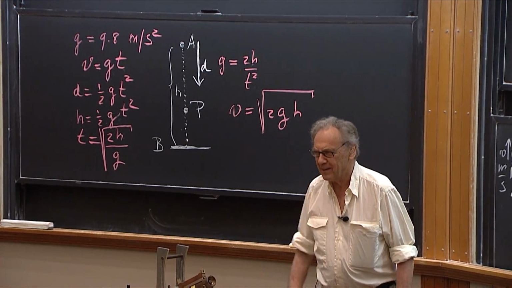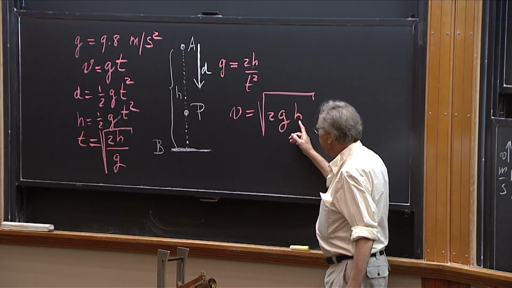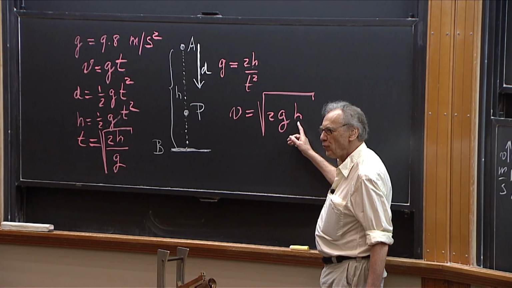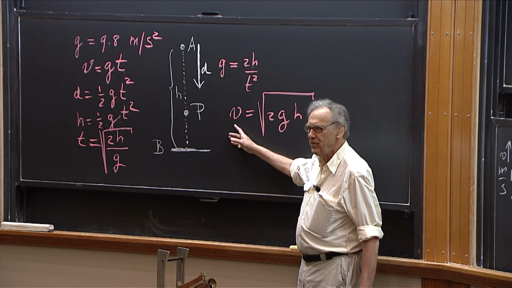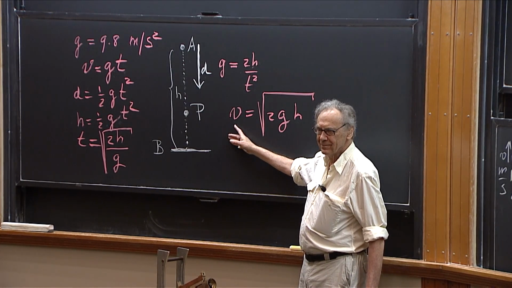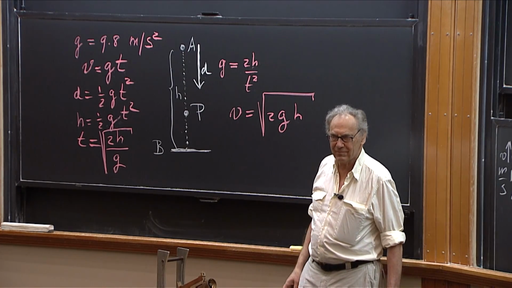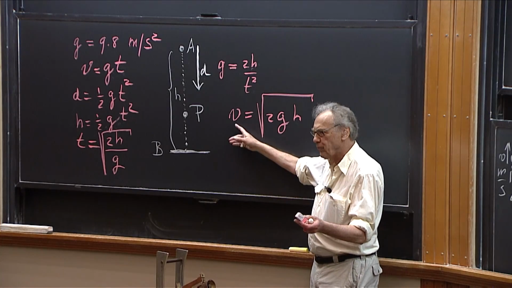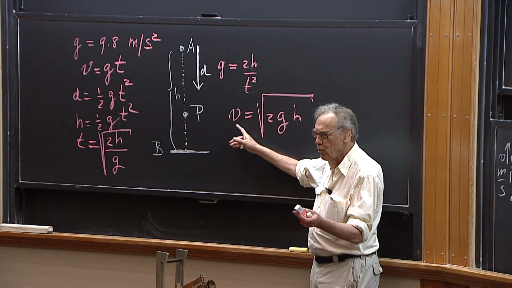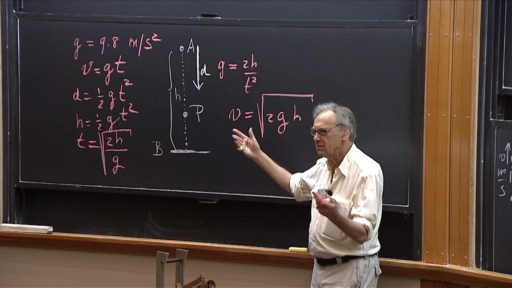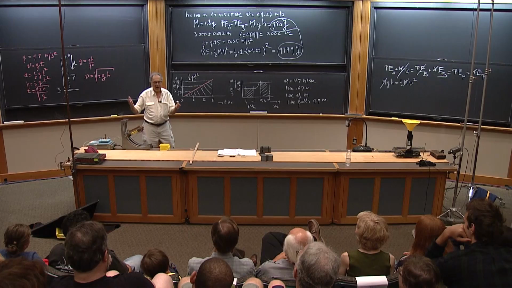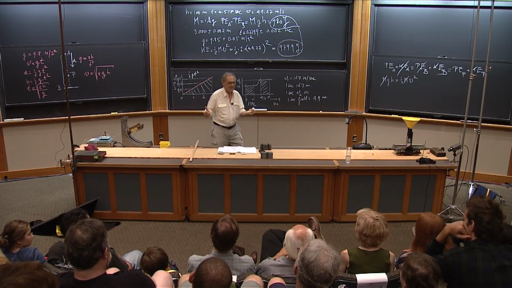So what do you think? If I put in this h, if I put in 100 meters, what do you think v will be? Don't use your calculator, that's cheating. What will this equation tell you about v? Come on, behave like MIT students.